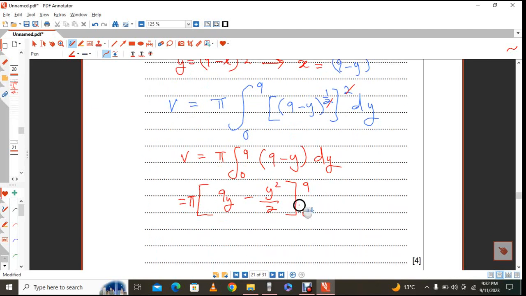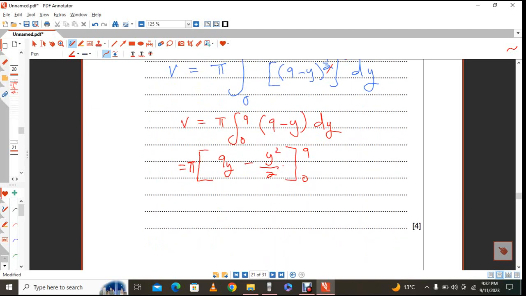So let's go ahead and substitute in our values. This is going to give me the pi value over here. Of course, this is going to give me 9 times 9 minus 9 squared over 2, minus 0, because if I put 0 everywhere there is y, it's just going to be nothing.